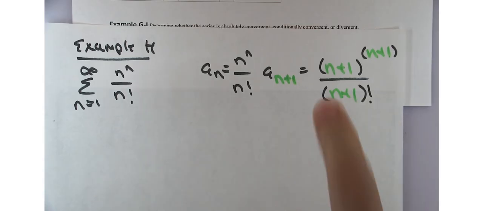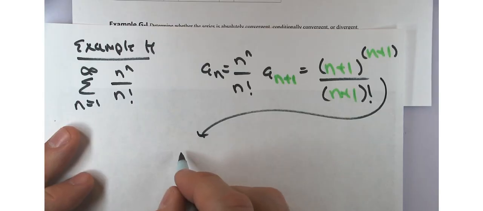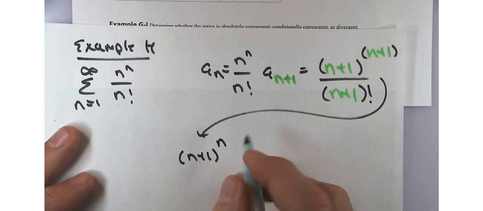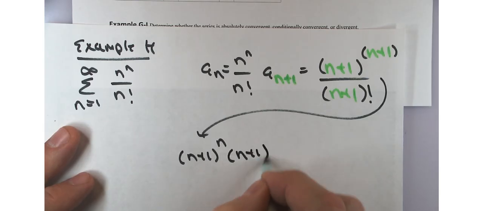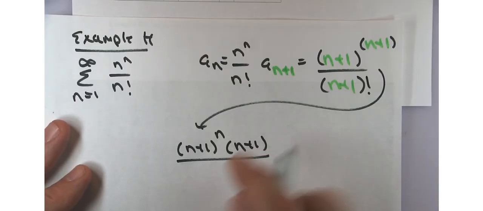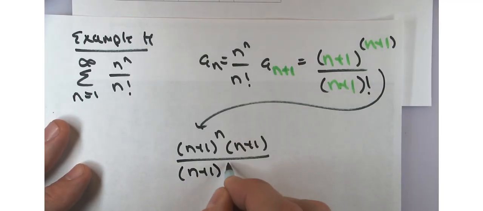All right. Let me rewrite this a little bit to see if we can't simplify it. I'm going to write that as n plus 1 to the nth power times n plus 1. Anyone suggest a reason why? Yeah, thank you, Brandon. We're going to get some cancellation down here in the denominator. This is n plus 1 times n factorial.